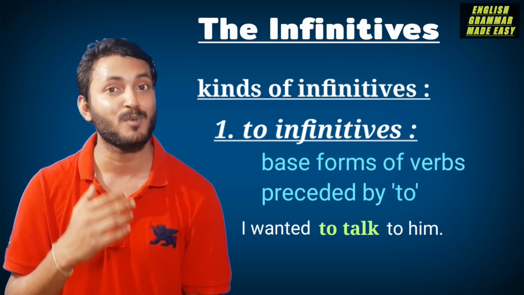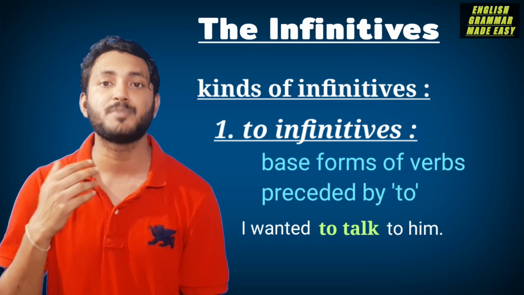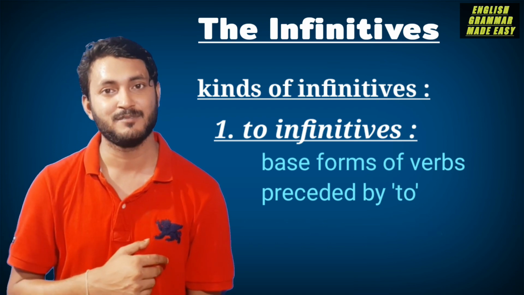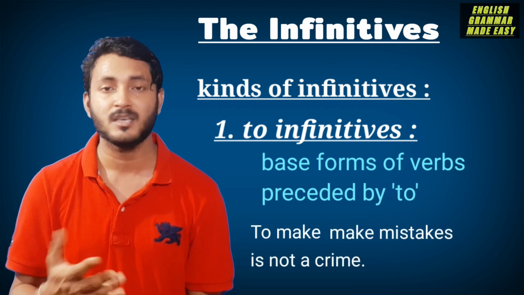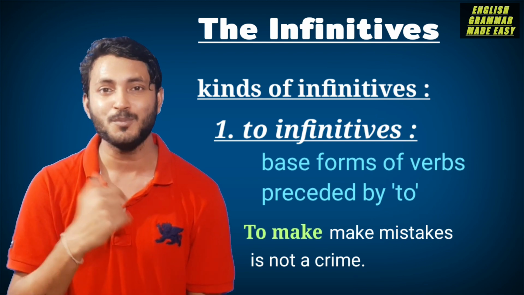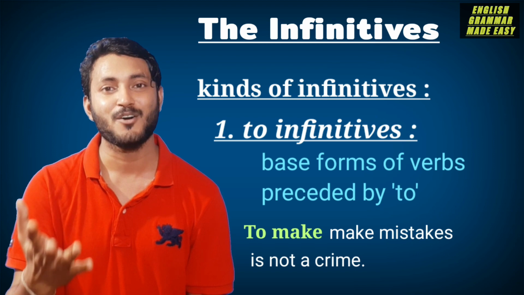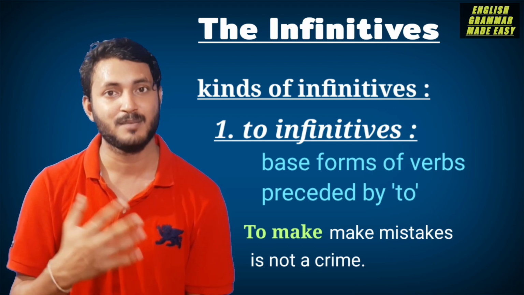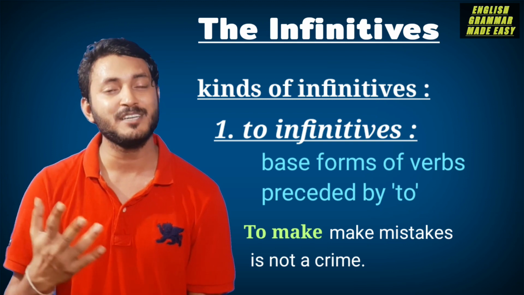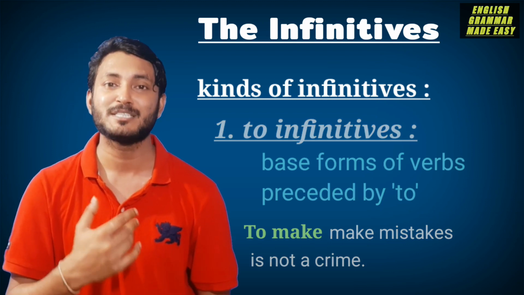Talk is the base form of the verb talk and it is preceded by to. So to talk is our to infinitive. If I say to make mistakes is not a crime, here our infinitive is to make. To make is our to infinitive here. Make is the base form of the verb make and it is preceded by to. So to infinitives are very easy to detect in English sentences.